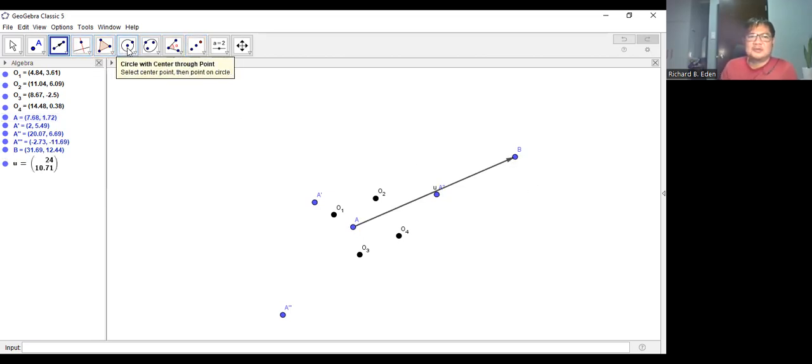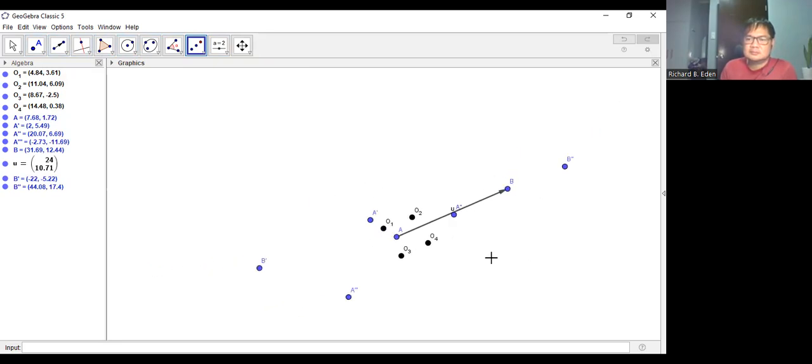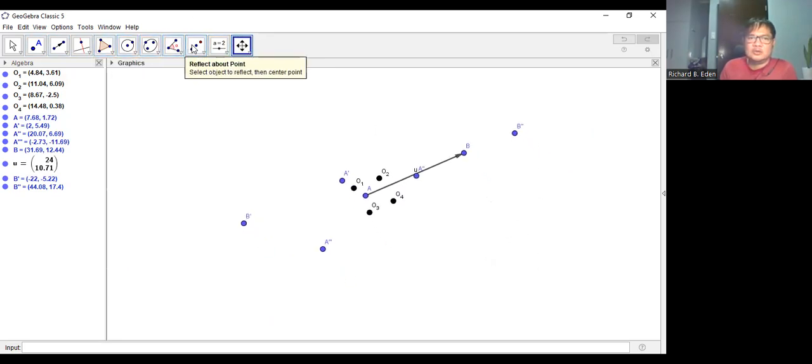Then, reflections again: B with respect to O1, then with respect to O2, then O3, and then O4. There, C.